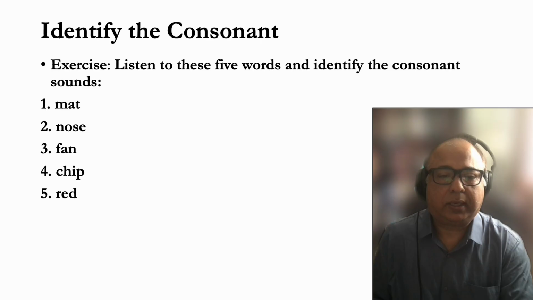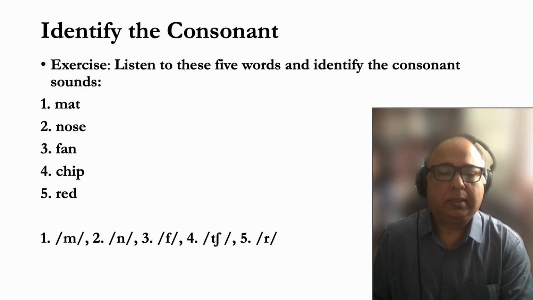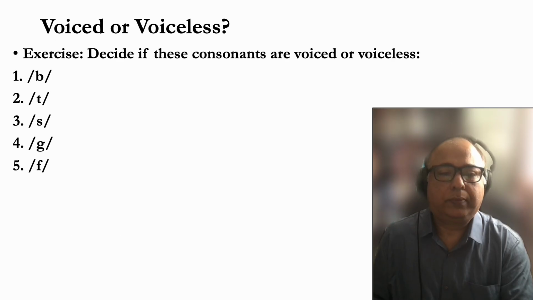Did you identify the initial consonants? Here they are. M, n, f, ch, and r. Okay. Now, I need you to pronounce these 5 sounds and decide if the consonants are voiced or voiceless. Now, remember, we learned this earlier. We learned the difference between voiced and voiceless consonants.